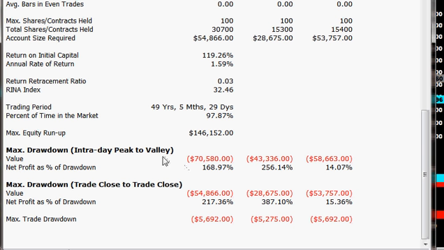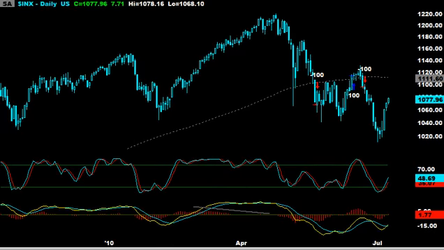And the flip side to that profit number is that the losers, in terms of max drawdown, was $70,000. So in other words, on a $100,000 account, you'd be down to $30,000 at some point if you had traded it this consistently over the last 50 years or so.